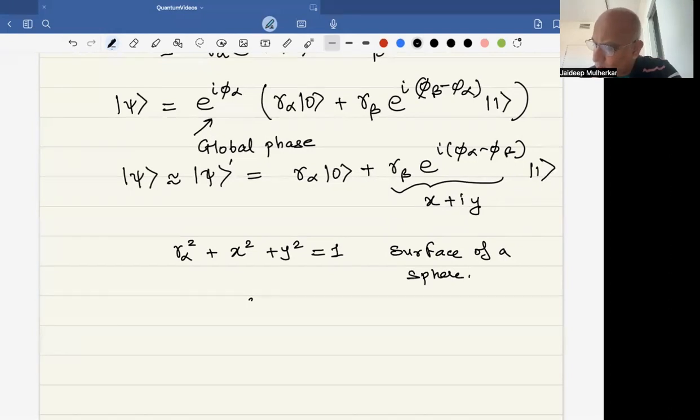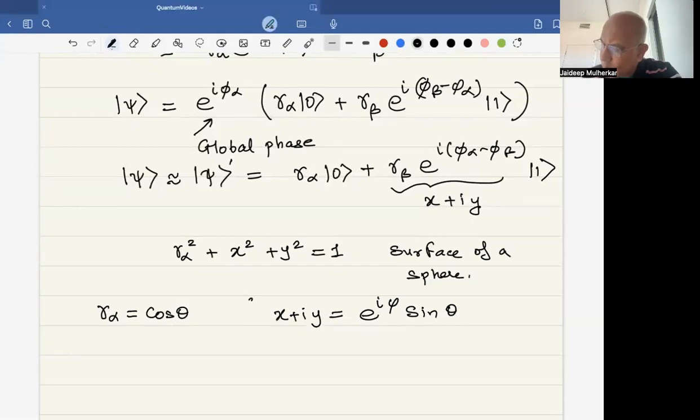And I can write R alpha to be cos of theta, and I can take x plus iy as e to the i phi sine of theta, right? Because of this condition that psi is a normalized vector.